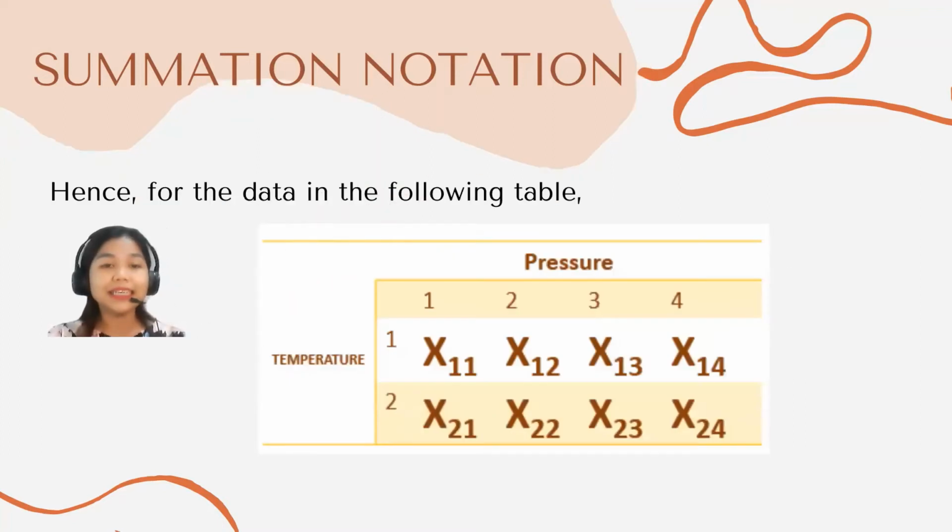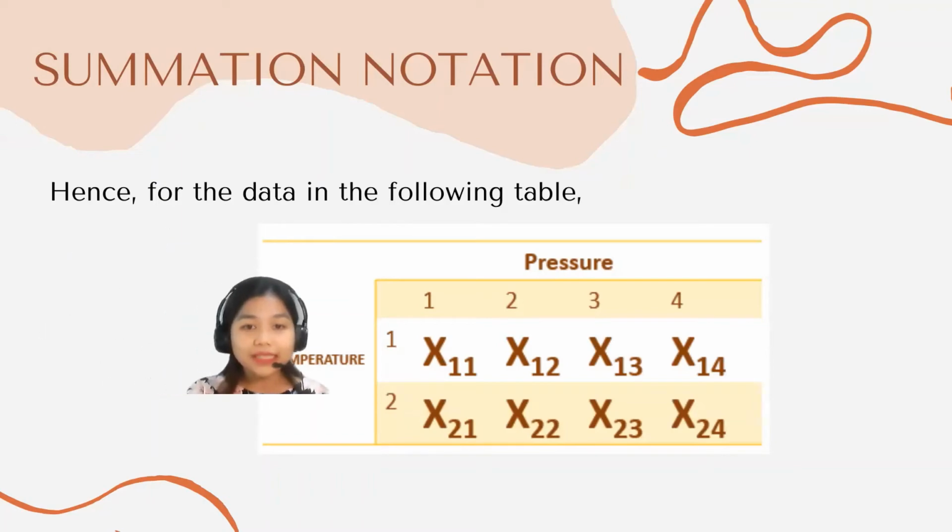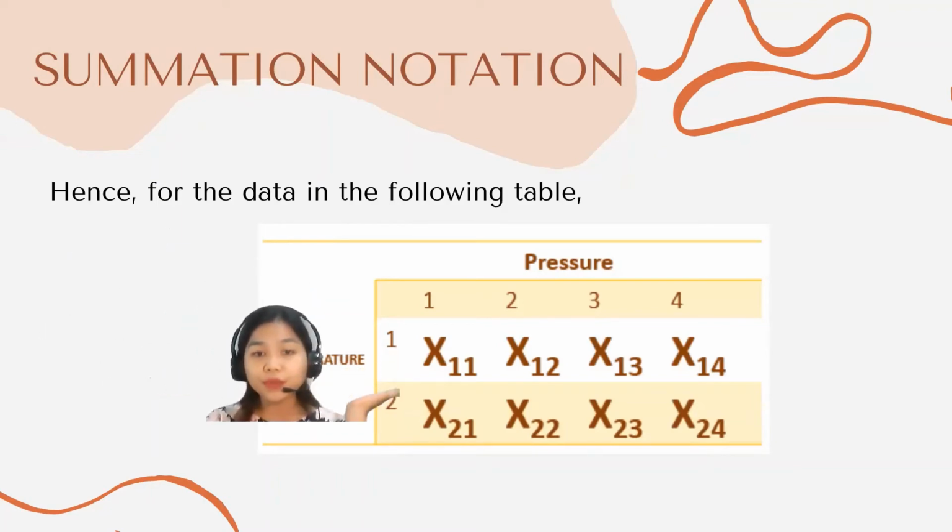So hence, the data in the following table would tell us the amount of gas released in a chemical experiment driven by two factors. We have the temperature and the pressure. So I again, we are referring to the temperature, and J, the column, pressure. So paano ba to? So this is actually the first row and the second row.